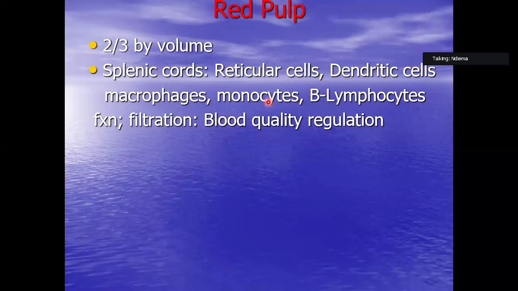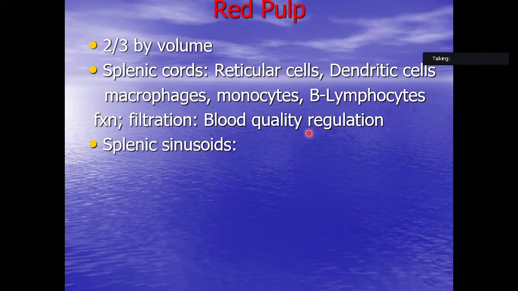And the splenic cords primarily function as areas of filtration of blood, or what we talked about earlier as blood quality regulation. And this filtration also involves removal of bacteria, viruses, foreign proteins, and blood-borne antigens by the macrophages and other antigen-presenting, phagocytic cells.